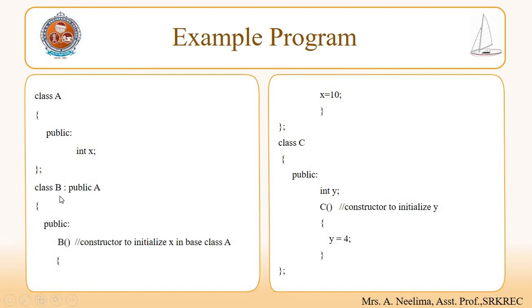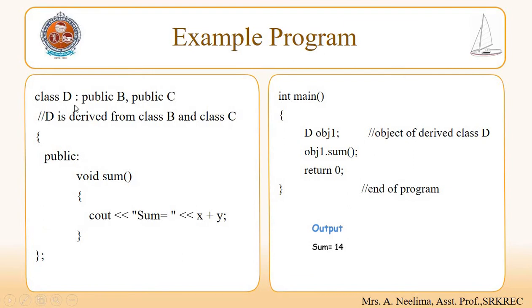Class B is a derived class which inherits class A. Here we are declaring a constructor which is used to initialize x in base class A, so x is initialized to 10. Another base class is C, where we declare a variable y, and by using a constructor we initialize the value 4 to the variable y.